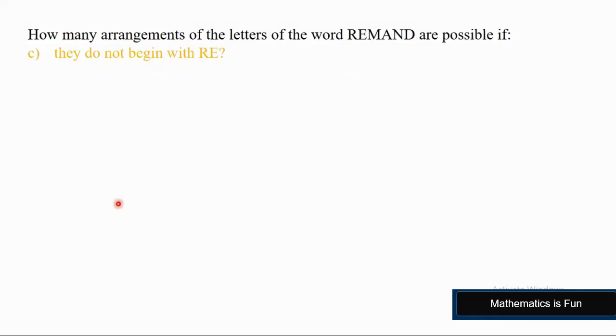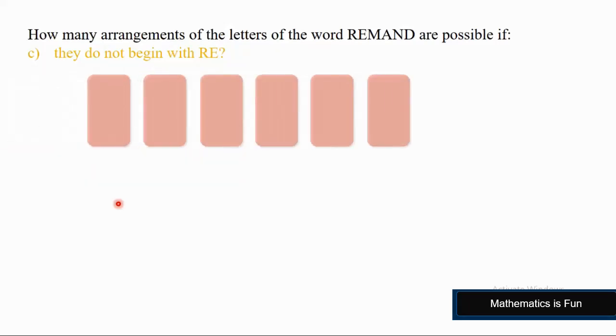How many arrangements of the letters of the word REMAND are possible if they do not begin with RE? Here we have to find the arrangements which do not begin with RE. In the previous parts we calculated the total arrangements without any restriction, and in part B the arrangements which begin with RE.